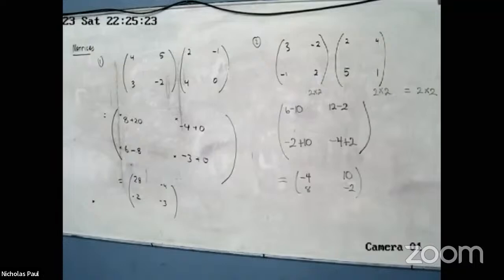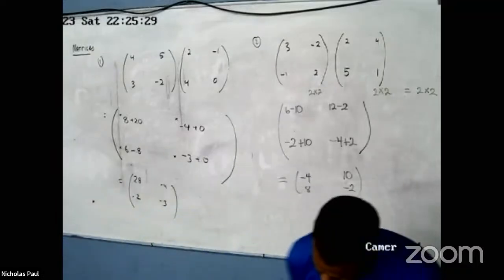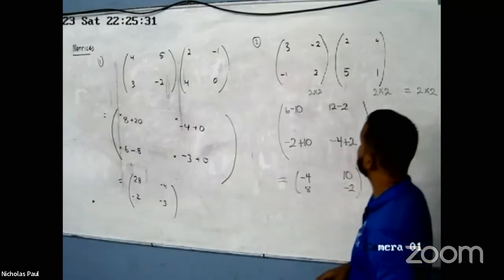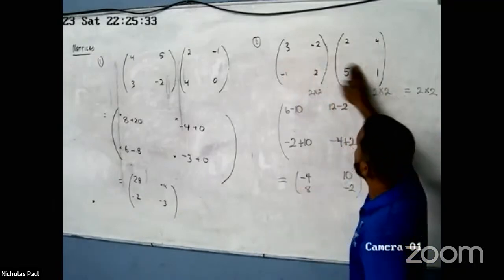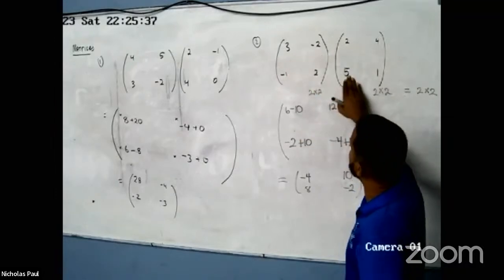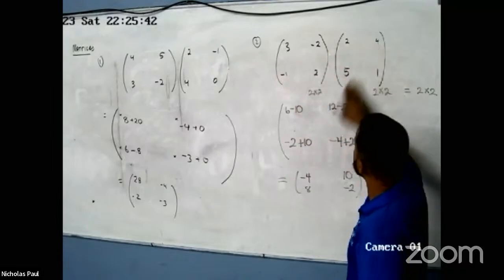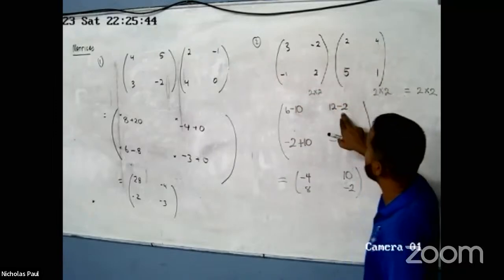So let's check this multiplication out. Right, so let's take row by column. 3 by 2 is 6, minus 2 by 5, minus 10. Row by column, 3 by 4 is 12, minus 2 by 1 is minus 2.